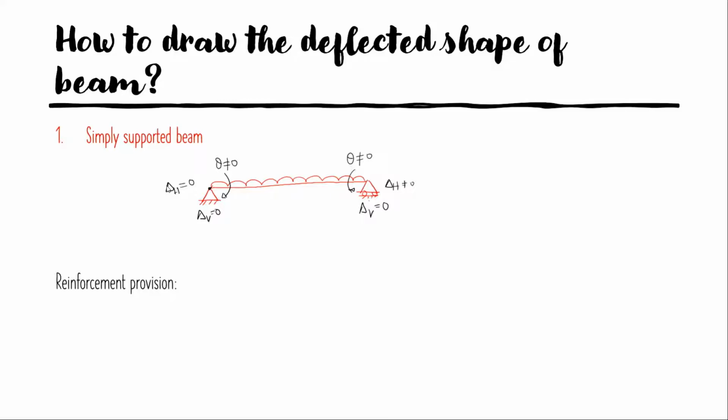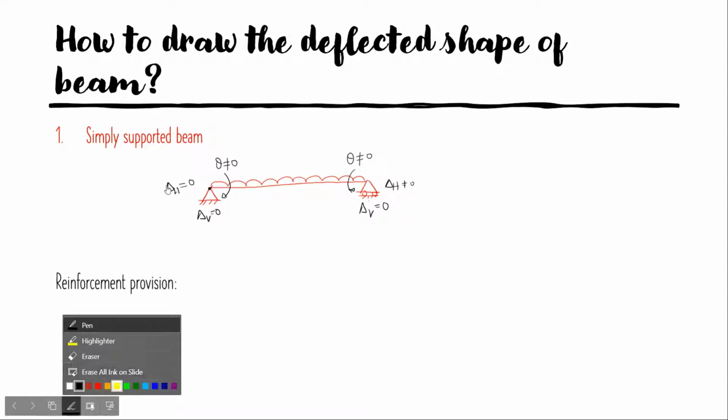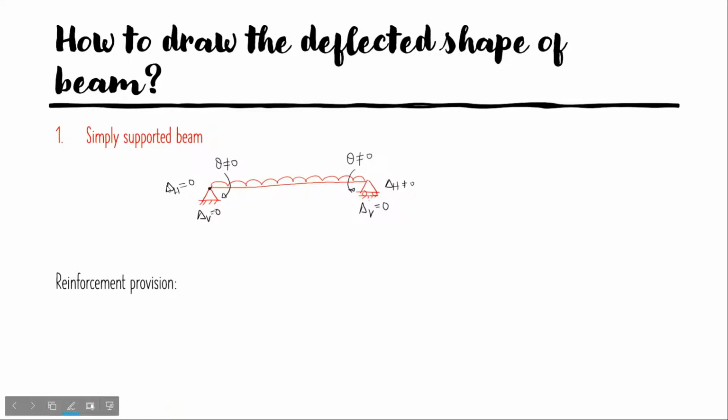So now we can draw the deflected shape. It is possible that it can rotate, so if due to load it can rotate, then we can draw the deflected shape.